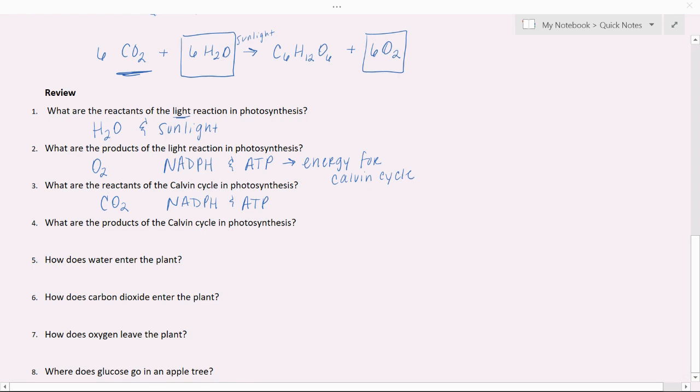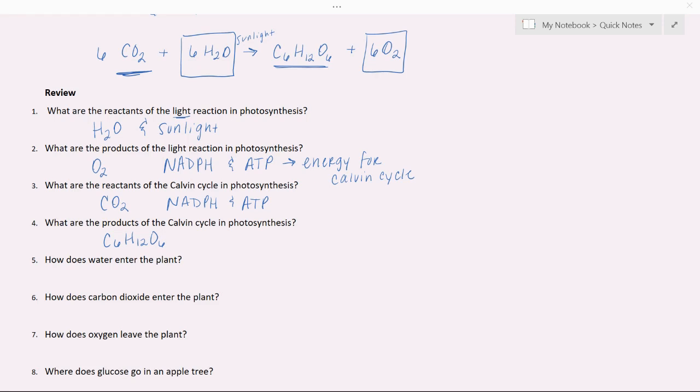And what do we make in the Calvin cycle? Well, our other product, C6H12O6, and we make that from the carbohydrate G3P. And if we're using 3 carbon dioxides, then we need 2 turns of that.